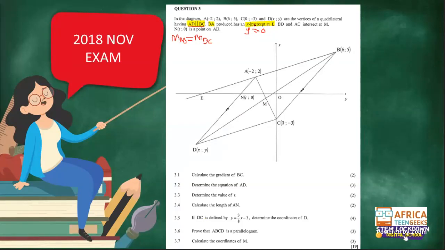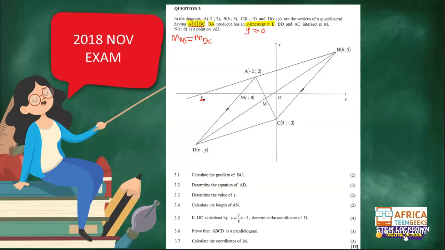But then we have a value of x. So which other x-intercept do you see on the diagram? Which other point is the x-intercept on our diagram? Look at the diagram carefully.